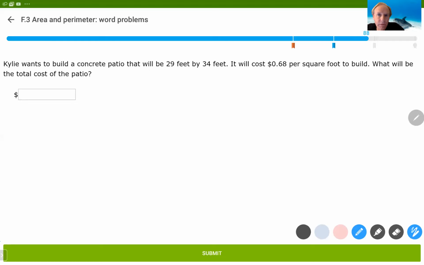29 by 34, and the cost per square foot to build. What is the total cost of the patio? It's 29 by 34, which gives you your area, and then we're going to multiply the answer by 68 cents per square foot.